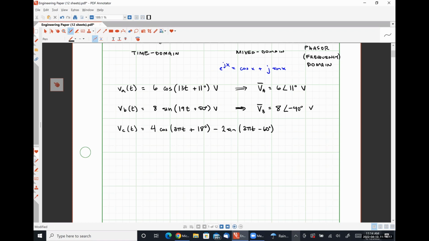So this is a single signal expressed as a sum of sinusoidal quantities, okay?